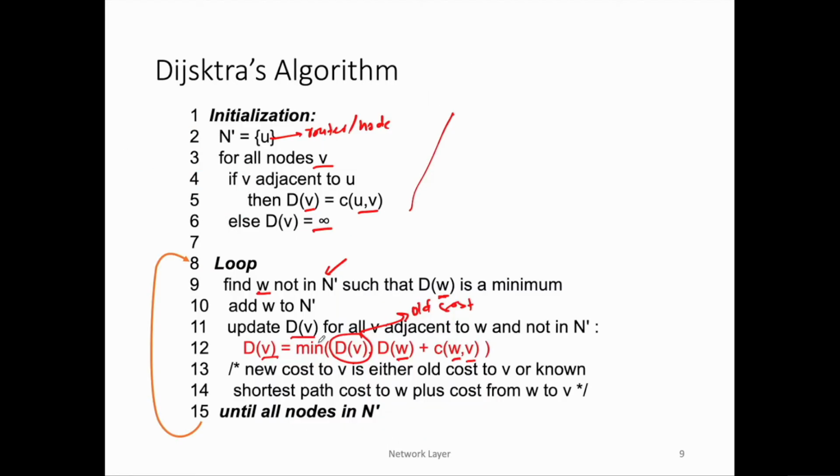Remember, in the initialization step, for all nodes that are adjacent to u, the cost is known, because these are the neighbors of u. But if these nodes are not neighbors of u, then the cost is infinity.